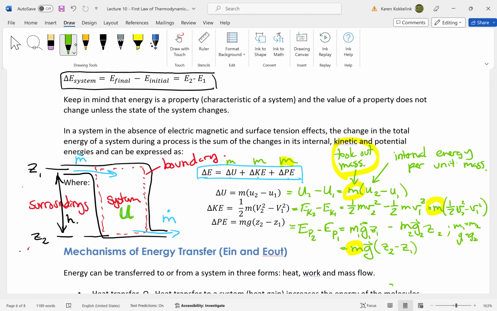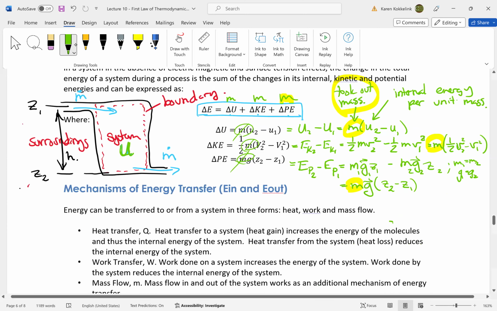So this is how I'm going to do my change in energy of the system. When I see these equations on both sides, I can then start crossing out masses, and then the amount of mass in the system will no longer be relevant or part of our equation, and our calculations get nicely simplified.